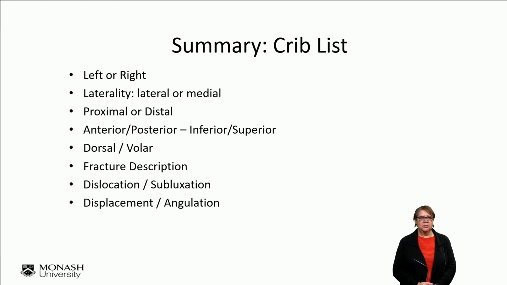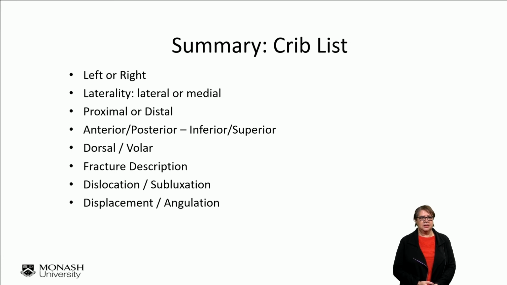And again, with long bones, if you see a fracture, for example, identify whether it's proximal or distal, and then also whether it's anterior or posterior. And if you think about the pelvis, for example, is it inferior or superior? And thinking about the hand, is the fracture on the dorsal side or the volar or palmar side?